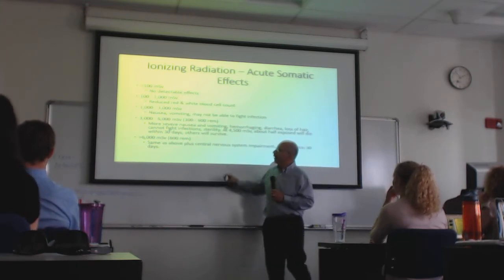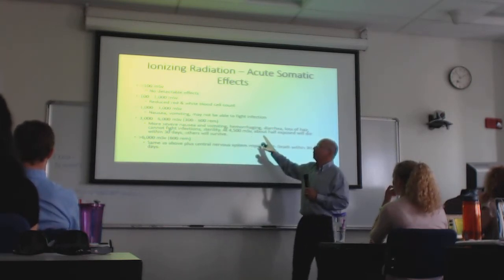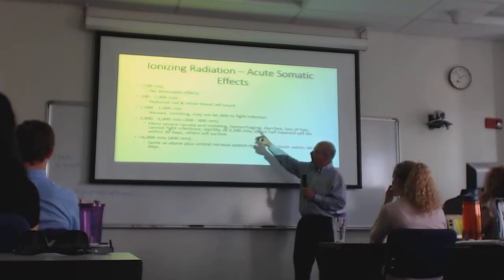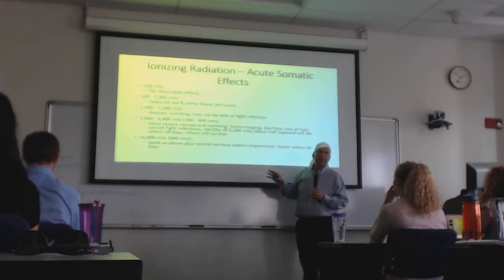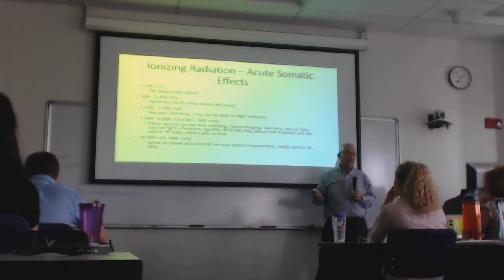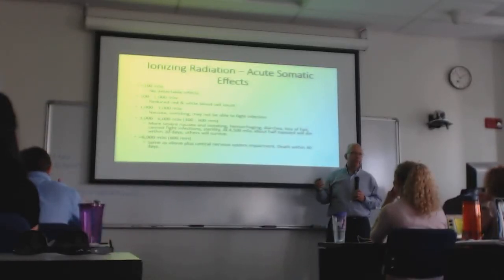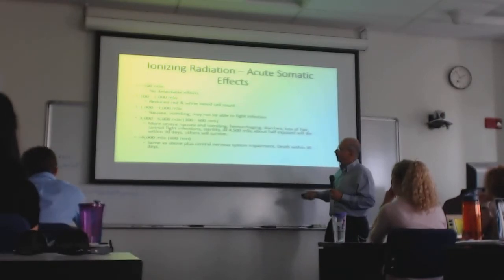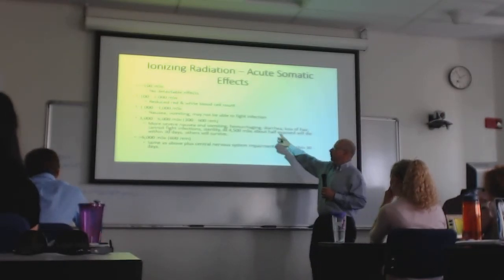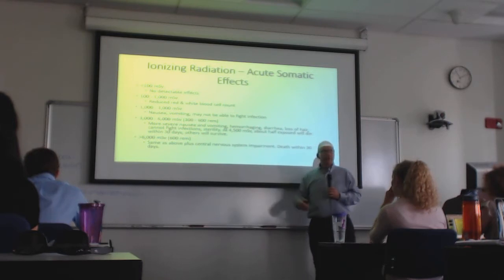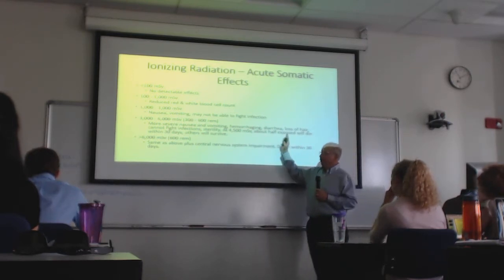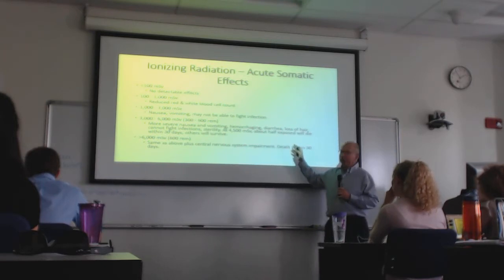But if you're talking about maybe 100,000 to 1,000,000 times a chest X-ray dose, now you can expect that red cells and white cells would be affected. You become neutropenic, you become leukopenic, right? And you might not be able to fight off infection. As you get your dose up higher, you're going to start affecting that GI tract, the nausea, the vomiting. Your ability to fight infection goes way down.